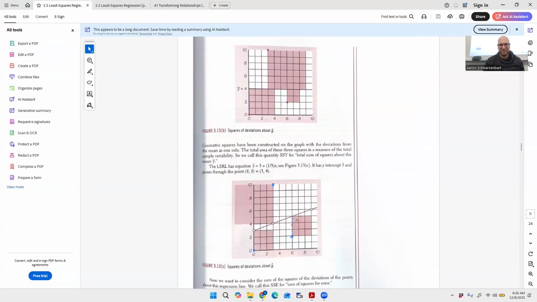Predicted is the line. So that's 9 squares, right? 9, 9, 36. The idea behind the least squares regression line is you are using the line that will give you the least squares.